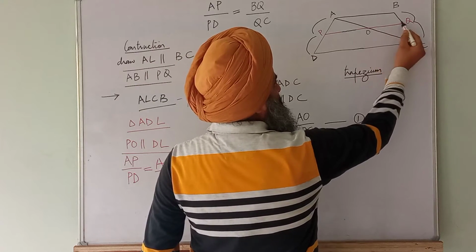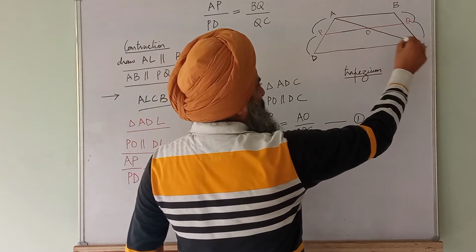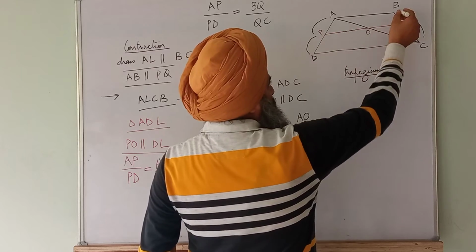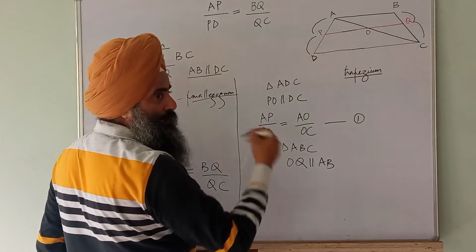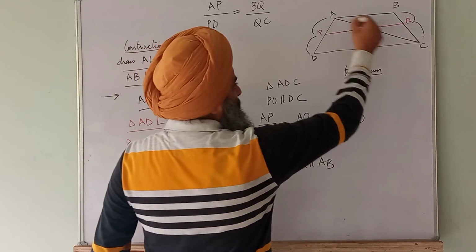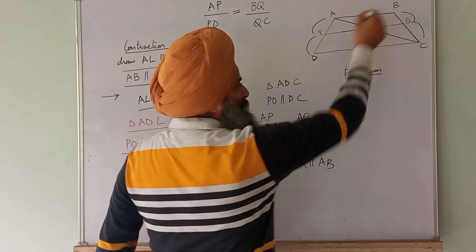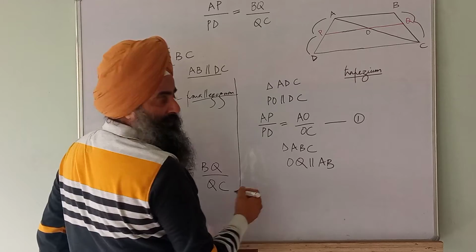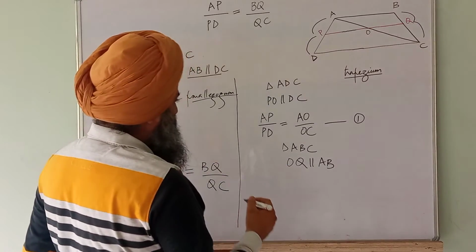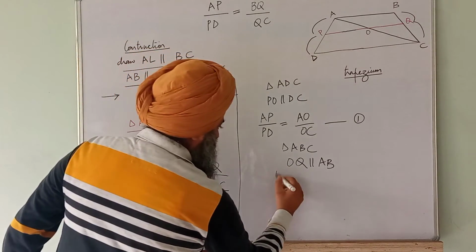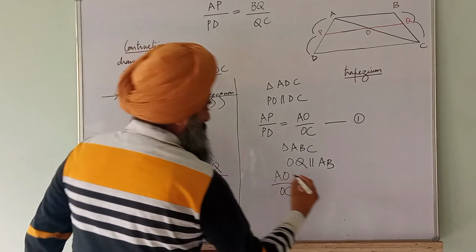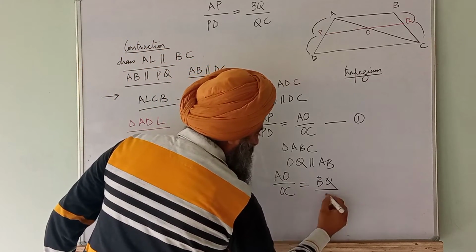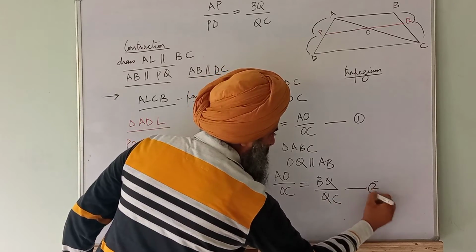OQ is intersecting two sides, AC at O and BC at Q. In ACB, what is the ratio which is equal? AO by OC is equal to BQ by QC. This is the second equation.